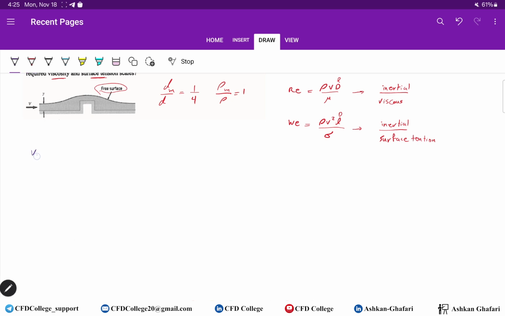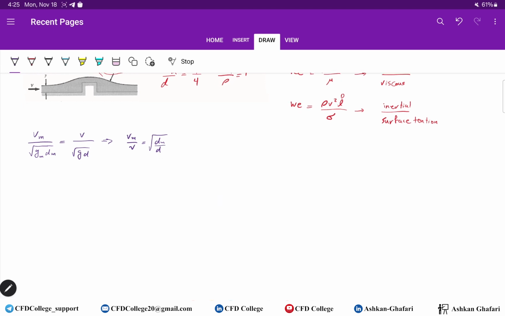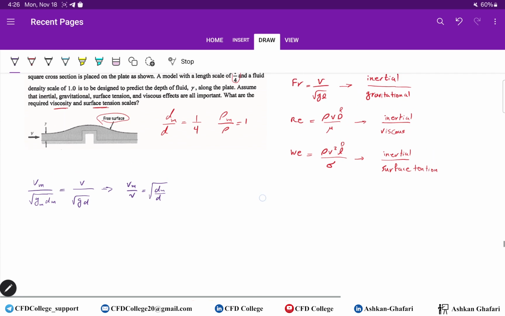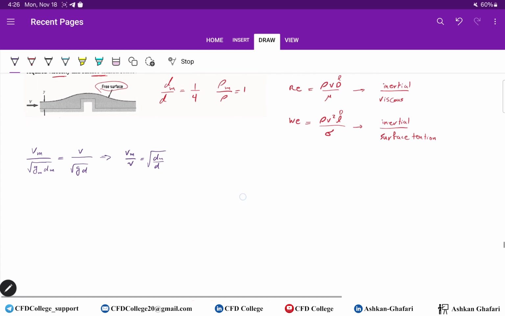So Vm over square root of g Lm, for example Dm, equals V over square root of g D. Since gravity is fixed, Vm over V equals the square root of the ratio of Dm over D. Okay, but we need to find the ratio of viscosity and surface tension, so this might help us.